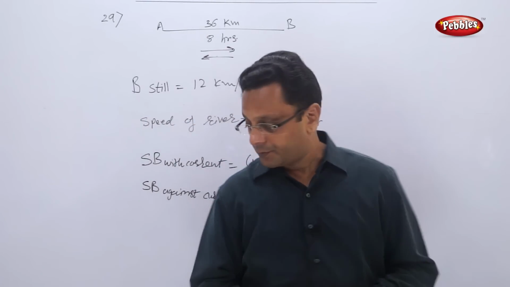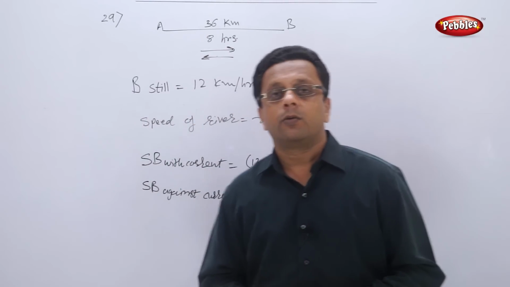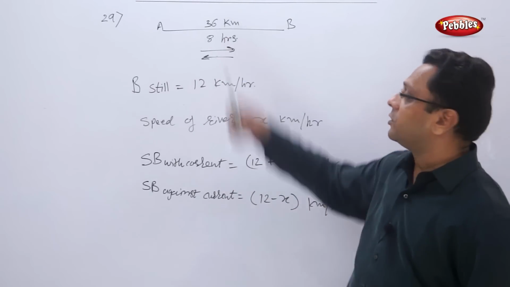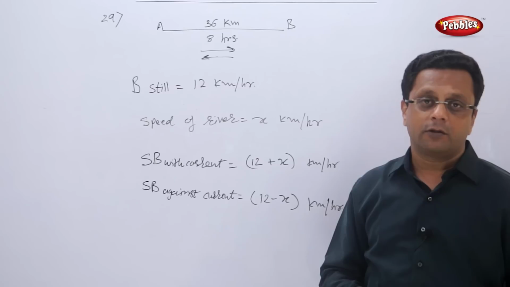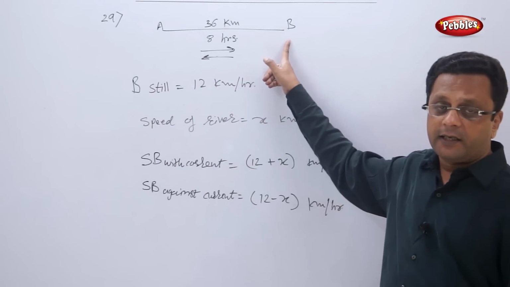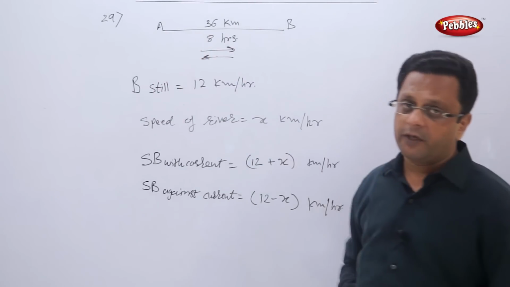Now we know the speed of boat, we know the distance. So can we find out the time taken from A to B and then time taken from B to A? Very easy.